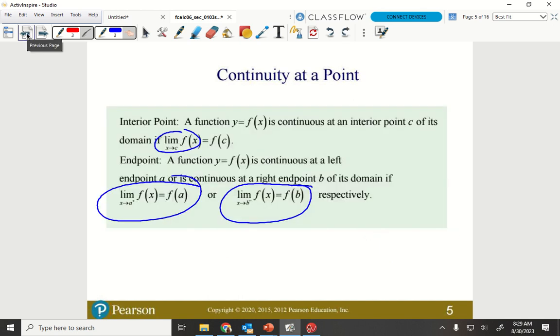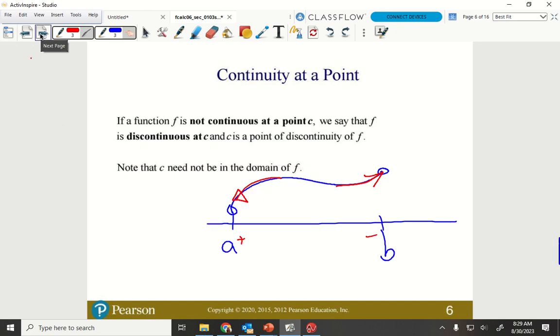Okay, the limit. So could these ones be open dot or closed dot? Yeah, it could be open or closed. But for what I'm showing you here, these are open, so the limit still does exist there, even though it is approaching, but it's not equal to. If a function is not continuous at a point c, we say that it is discontinuous at c. c is a point of discontinuity. And c need not be in the domain.